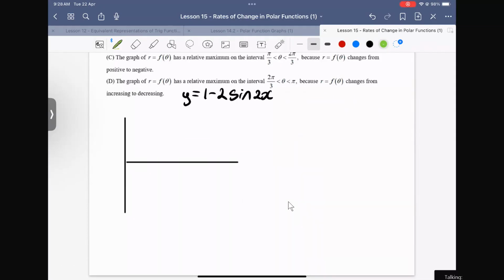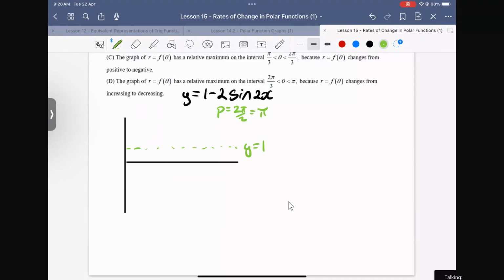We're going to have our principal axis here, at y equals 1. It's a sine function, the period is only going to be pi. We can see that the period is 2 pi over 2, so the period is pi.